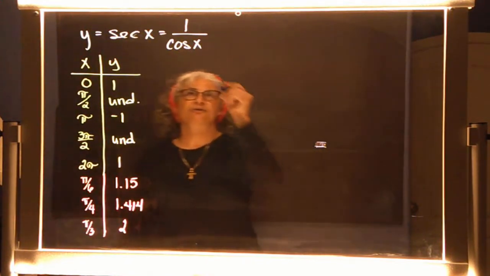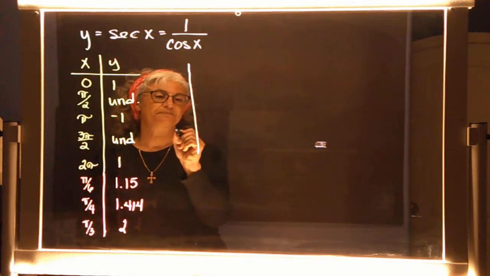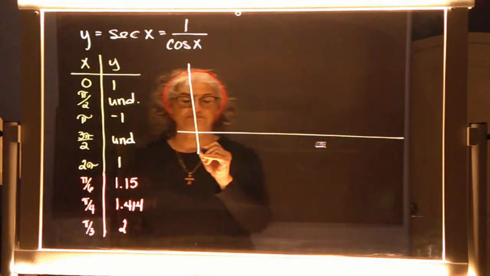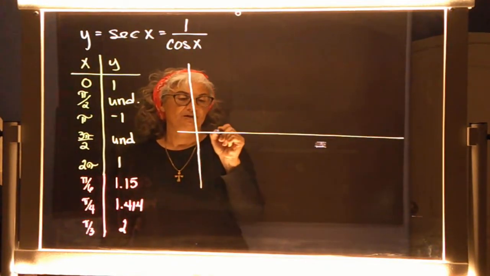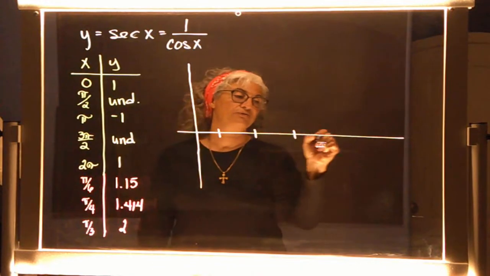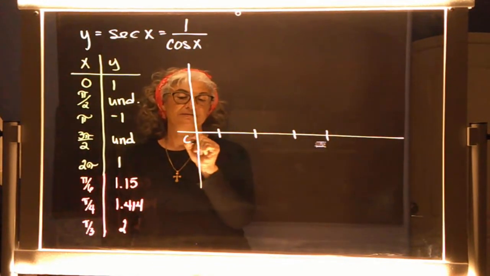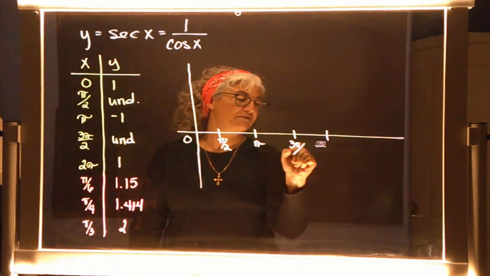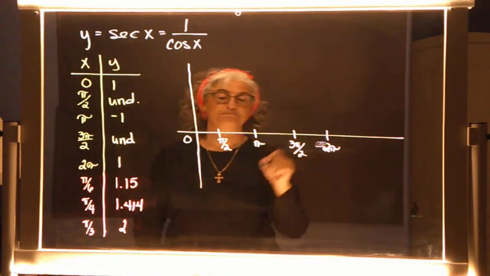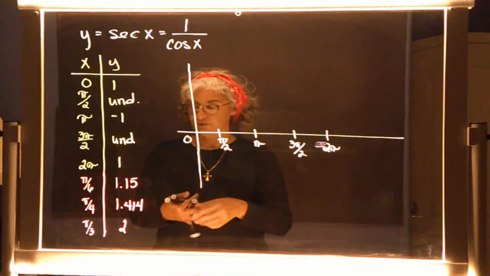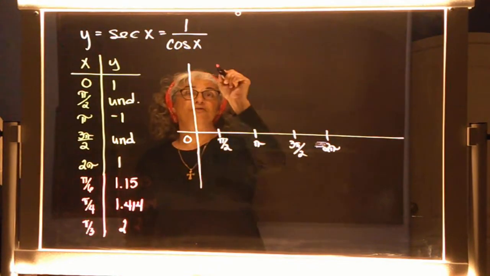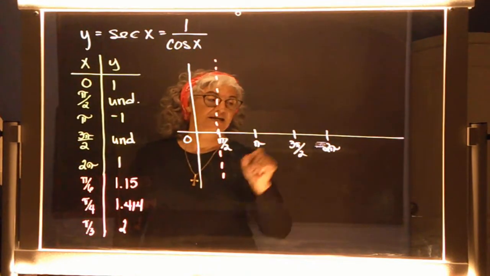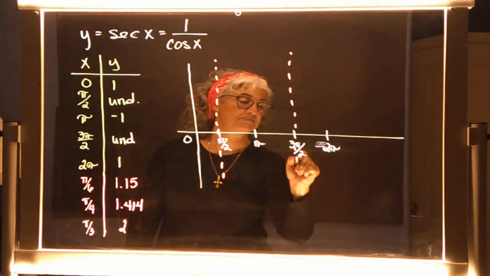Okay, so let's look at the graph. Let's see what happens. So we have our 4 quadrants, or 4 intervals, still at 0, pi over 2, pi, 3 pi over 2, and then back to 2 pi, right? We know we have asymptotes at pi over 2 and at 3 pi over 2.